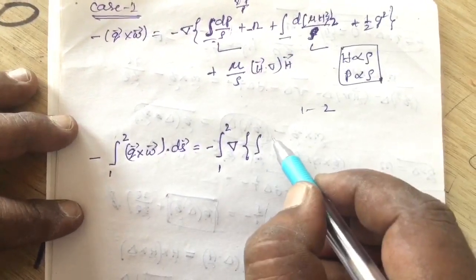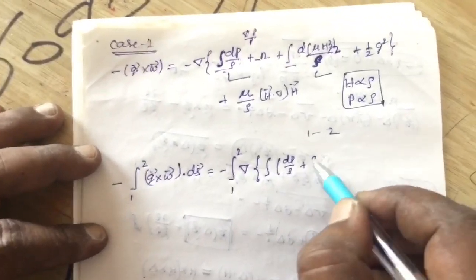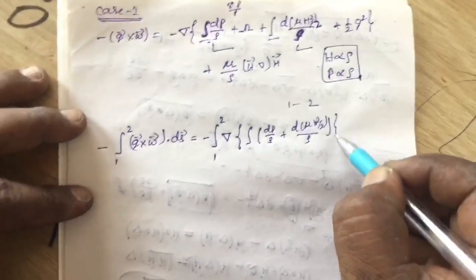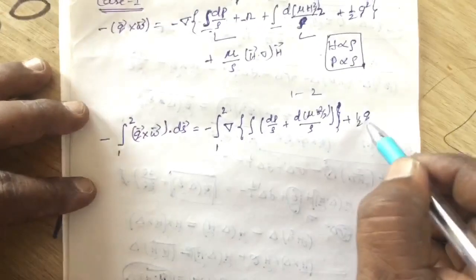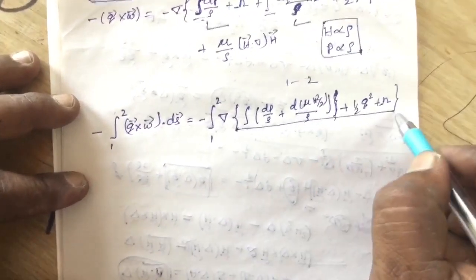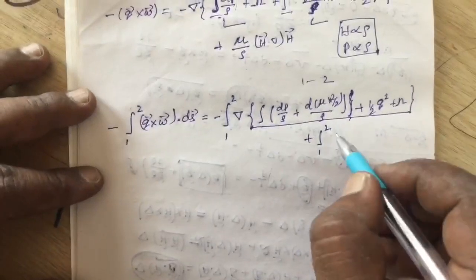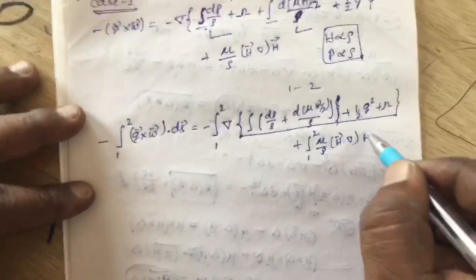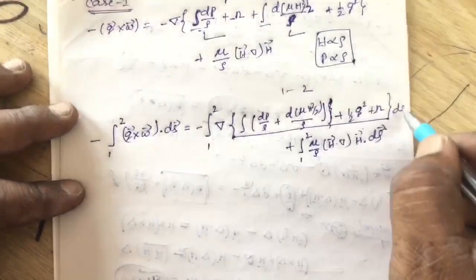You can write integration of dp by rho plus d of mu h square divided by 2 by rho, and plus 1 by 2 q square plus omega. Now close the bracket. The gradient will apply for all these terms, plus integration from 1 to 2 of mu by rho into h dot del of h, dot ds. Right. Here also dot ds. Got it?